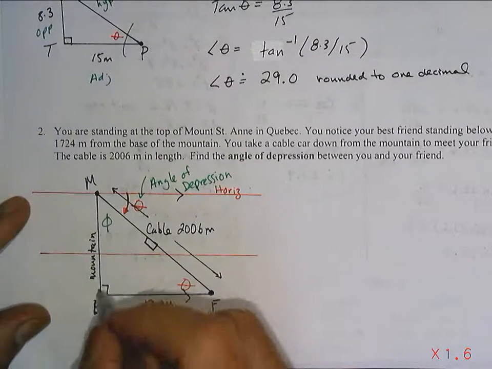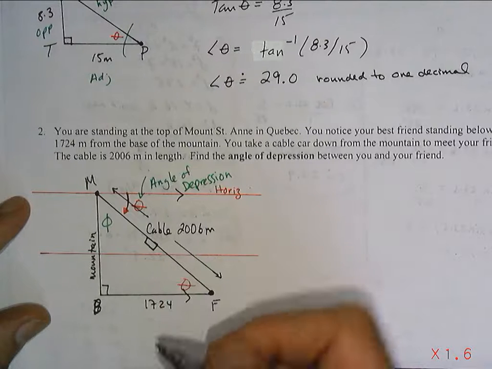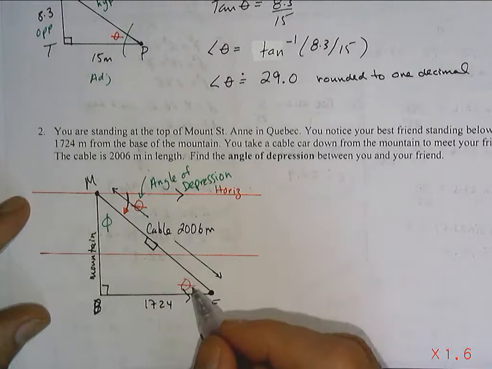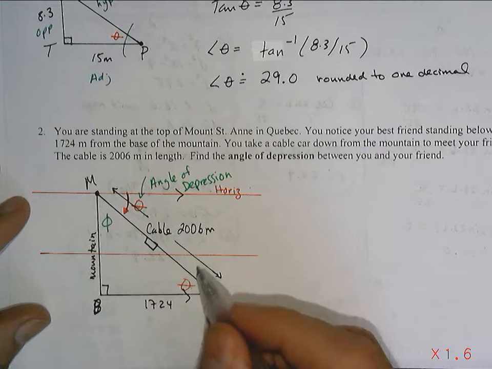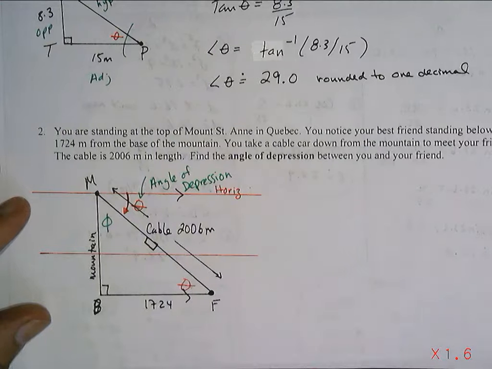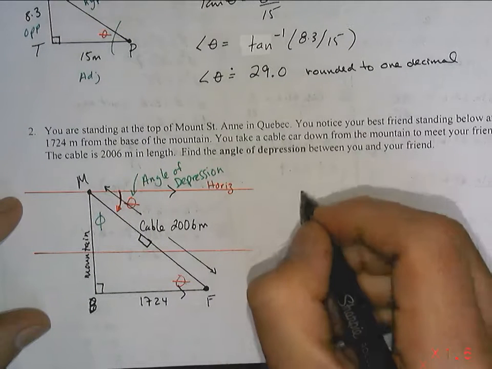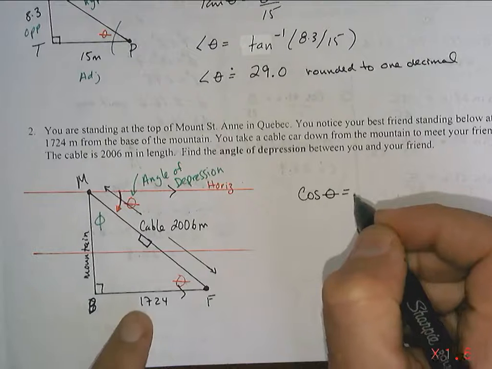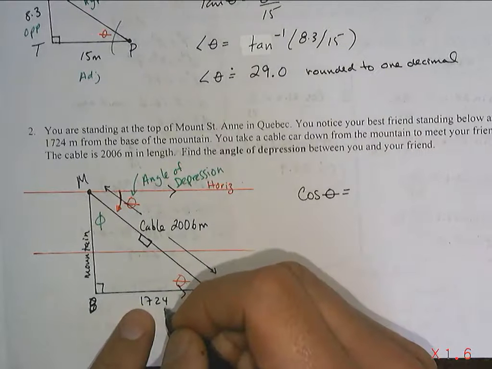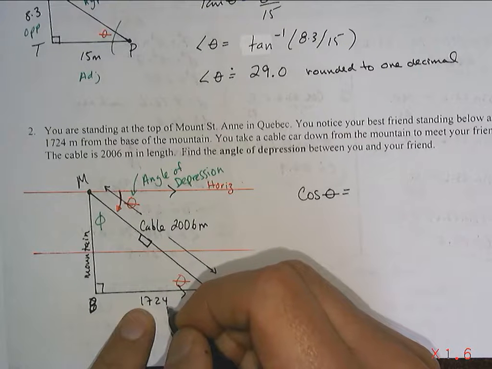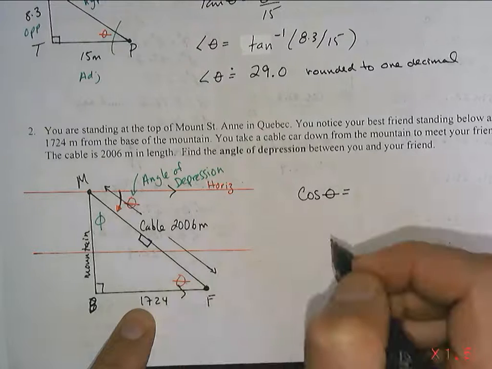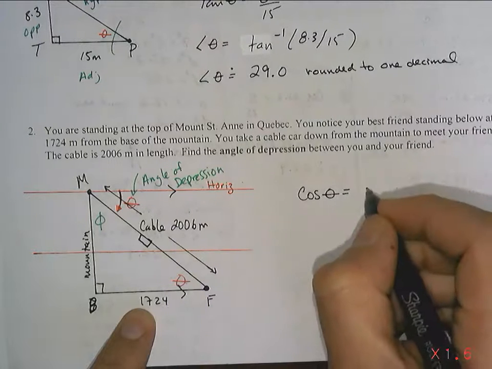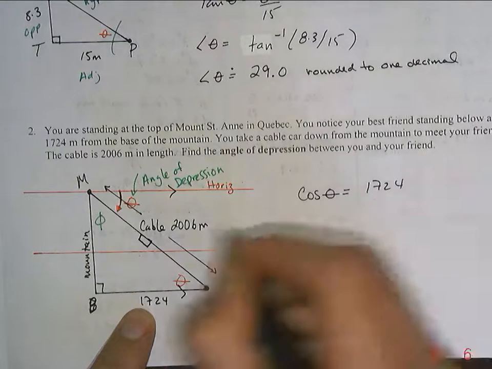Here's my 90, which means this is my hypotenuse. Therefore, for this angle, if I want to find this angle, it's going to be adjacent and hypotenuse. So that's going to be, adjacent and hypotenuse is cosine. So cosine of theta is going to equal, let's see, cosine is adjacent, so that's going to be 1724.